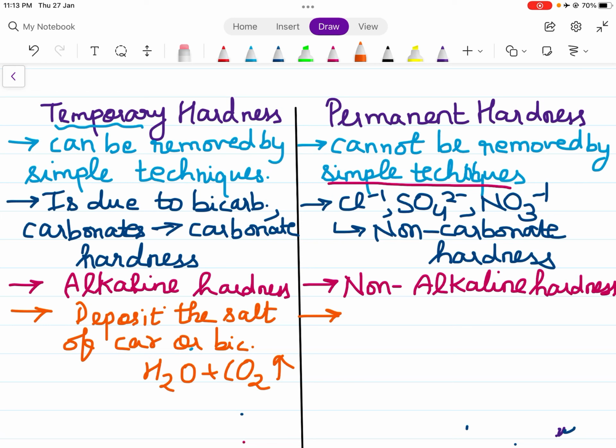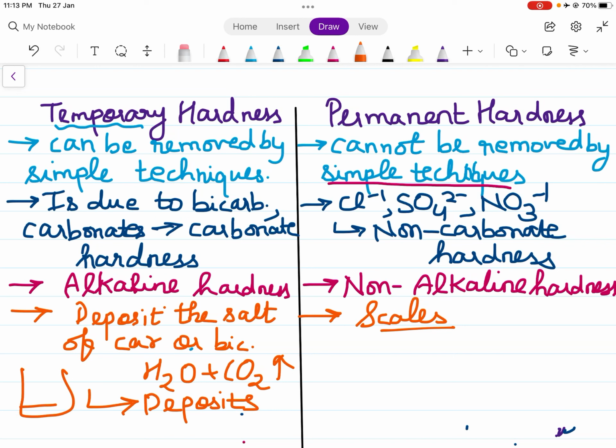Whereas permanent hardness does not form any deposits. What does it form? It forms scales, you can say. Temporary hardness forms deposits, that means it will deposit down in a container. But permanent hardness will not deposit. It will produce scales in the clear water. Therefore, it will be difficult to handle permanent hardness.